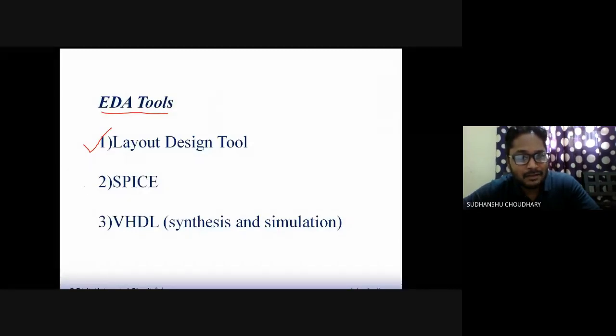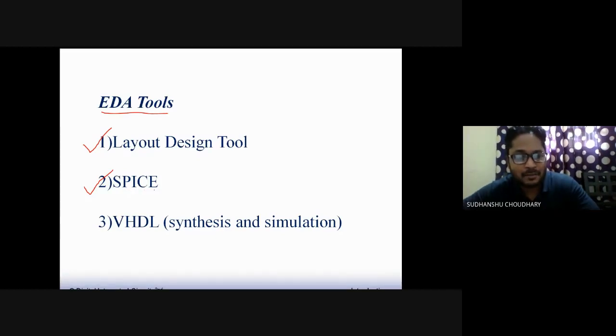Then the second tool that you would be exposed to will be SPICE, simulated program with integrated circuit emphasis, right? Here you will perform circuit based simulations, right? So you can simulate the circuit response, or on the given inputs, you can find out the output of your circuit, a digital circuit or maybe an analog circuit.